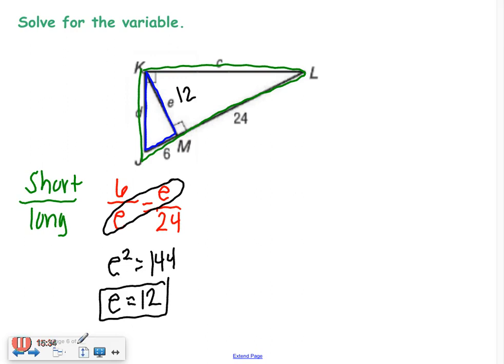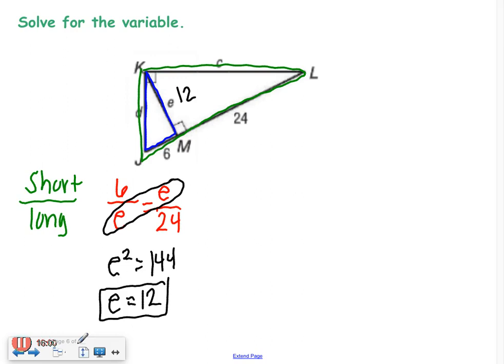So what leg is D on the blue triangle? The hypotenuse, okay. And what leg is that on my green triangle? Short. So I know I have to use the hypotenuse and the short on this one. Does everyone understand why I have to use those? Because that's what they match on those two different triangles.